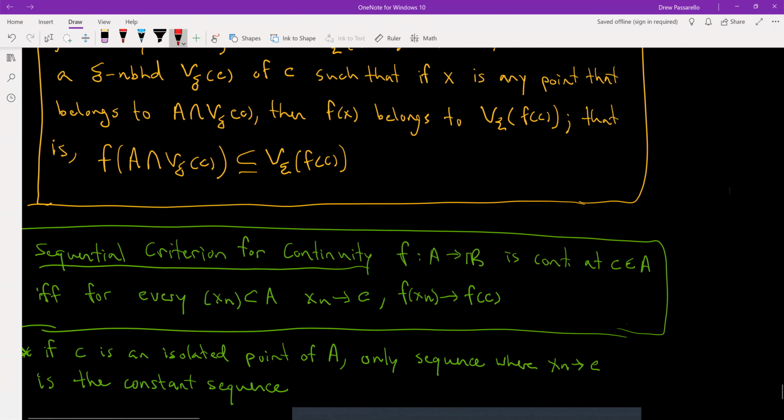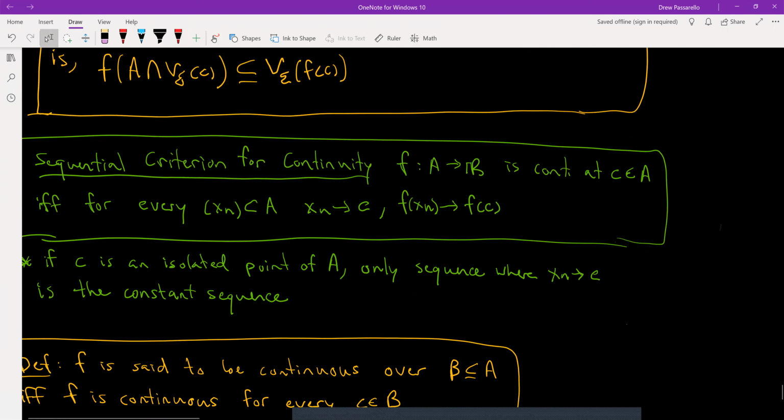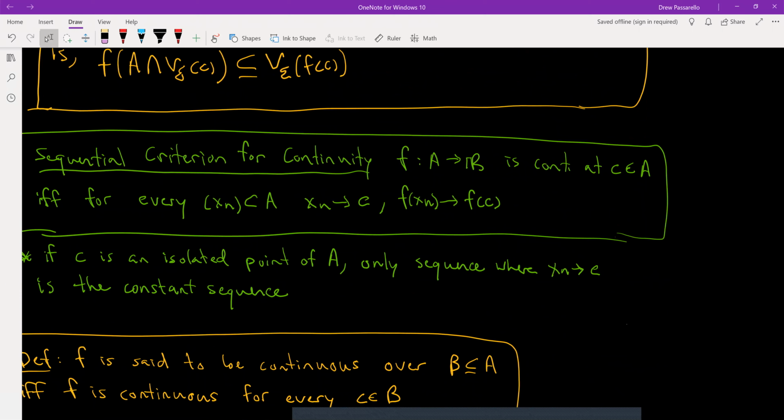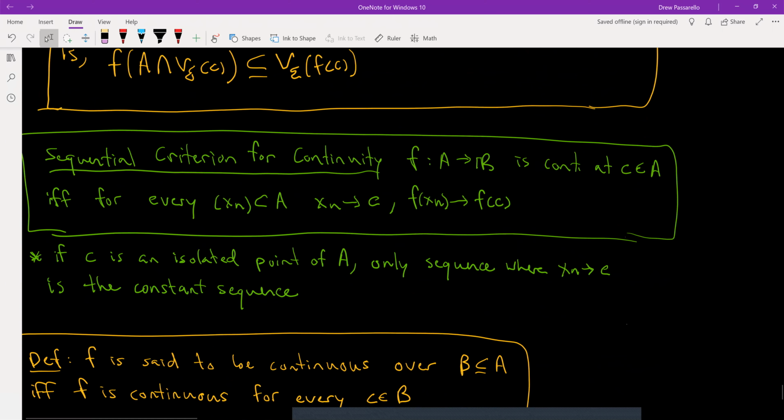Now the sequential criterion for continuity is that if you have a function f from A to the reals, it's continuous at some number c in A if and only if, for every sequence x_n in A, if x_n converges to c, then f of x_n converges to f of c.